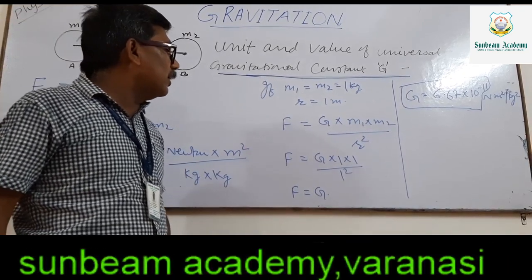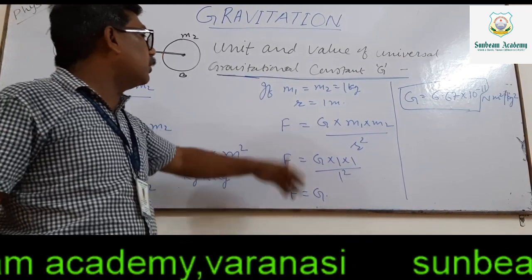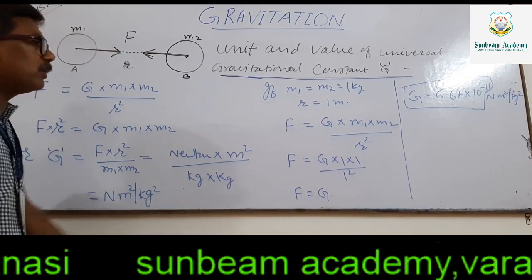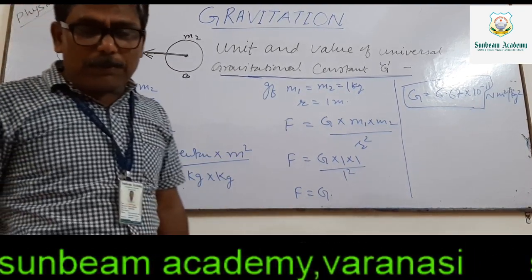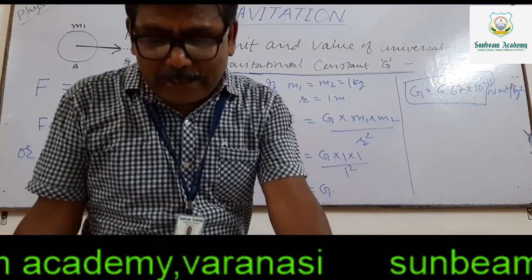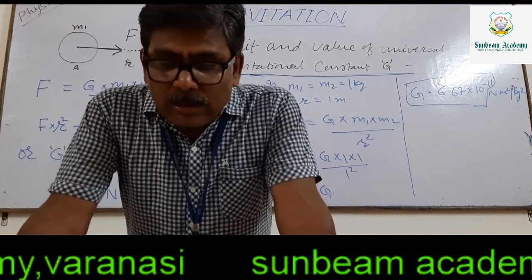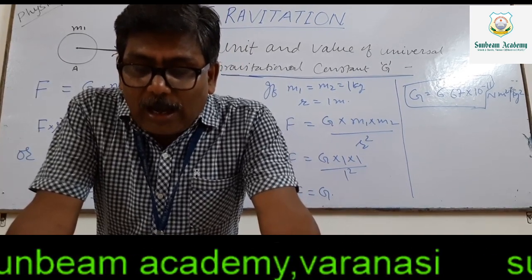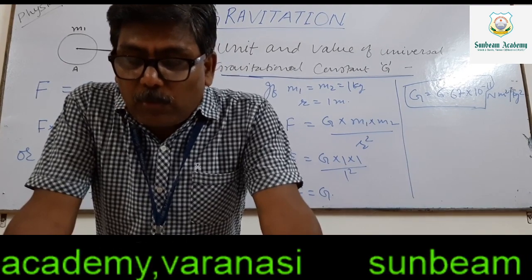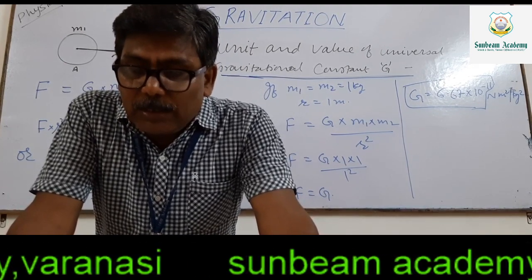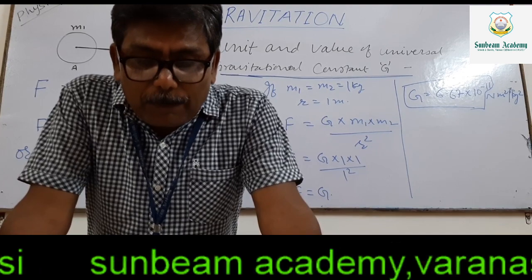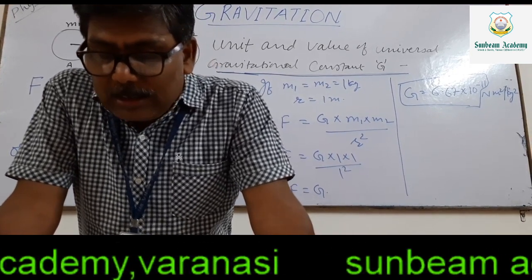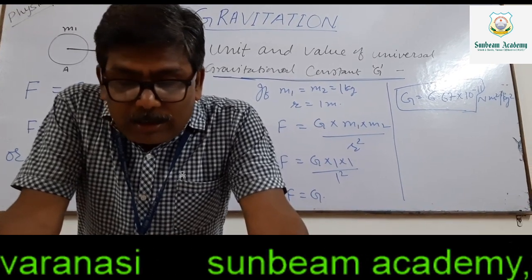Universal gravitational constant is the force of attraction between two bodies having unit masses, kept at a unit distance between them. Or you can also say that the value of G does not depend upon the masses of the two bodies, the distance between the bodies, the nature of the medium separating the bodies, or the shape, size and nature of the bodies.